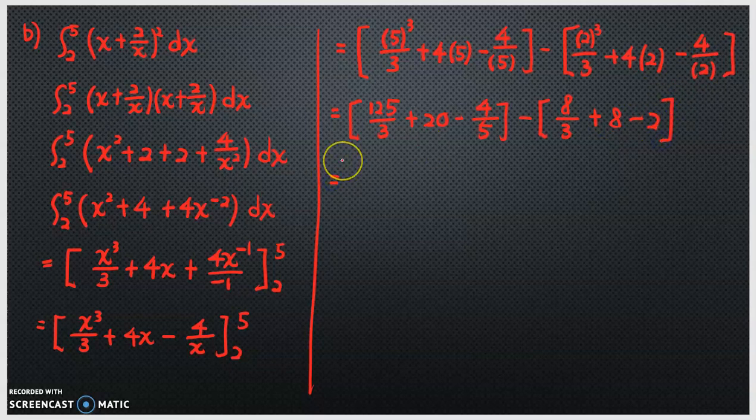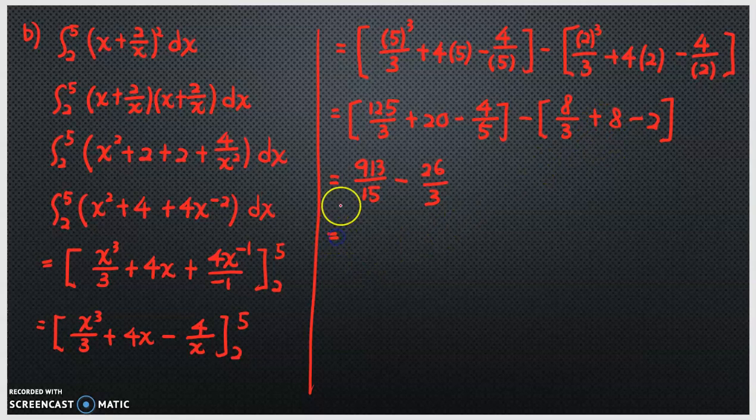So from here, 125 over 3 plus 20 minus 4 over 5, I should have 913 over 15, minus 8 over 3 plus 8 minus 2. Here we should have 26 over 3. 8 over 3 plus 8 minus 2, okay.